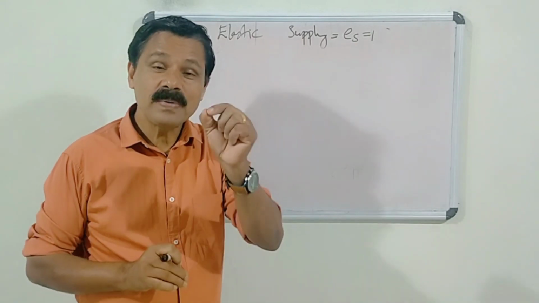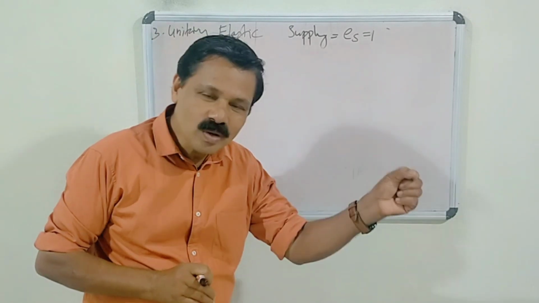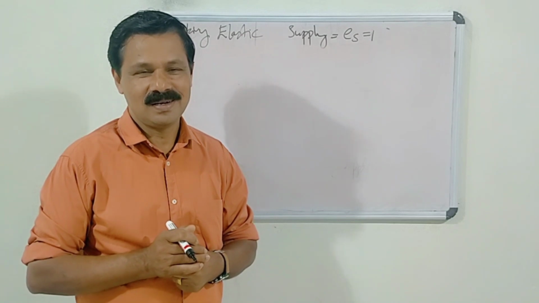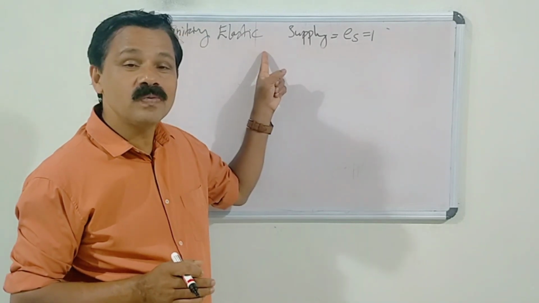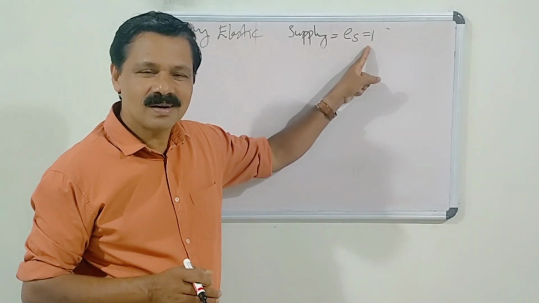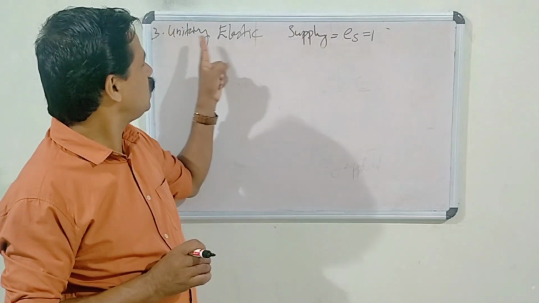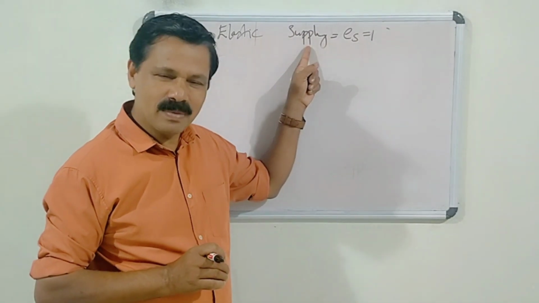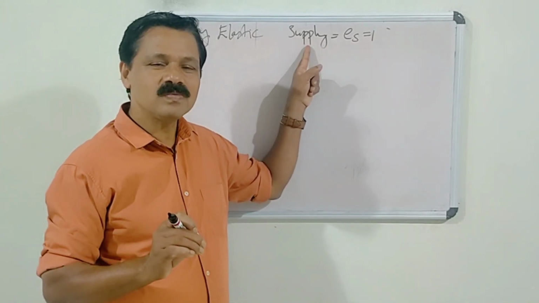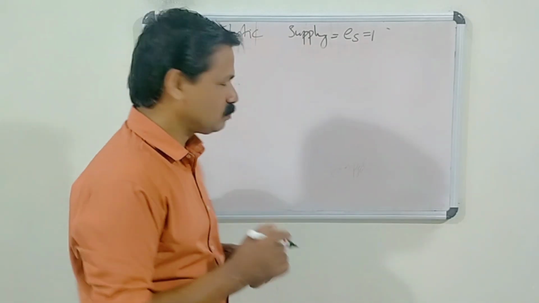In short, the percentage change in price is equal to the percentage change in quantity offered for sale. Therefore, the value of elasticity of supply is equal to 1. This concept can be very easily illustrated with the help of a particular diagram. Just see the diagram.